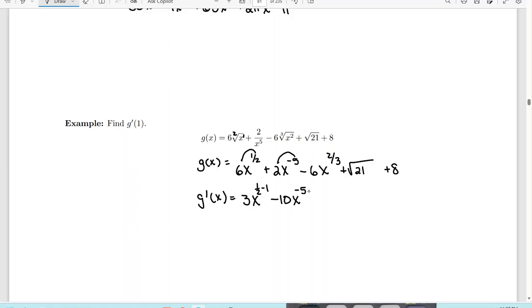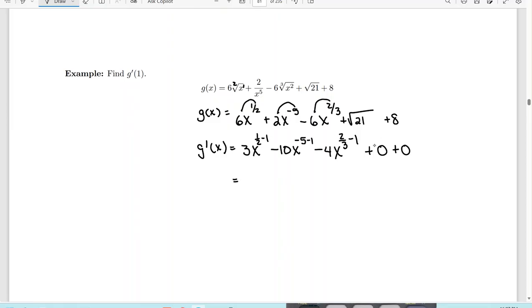So again, subtract 1 from it. Pull the power down in front. So 6 times negative 2/3 is negative 4, and then decrease the power by 1. Square root of 21 is a constant. 8 is a constant. Both of those go to 0.